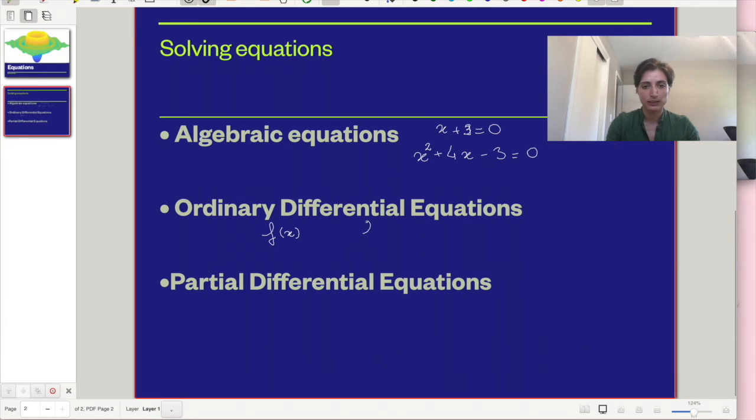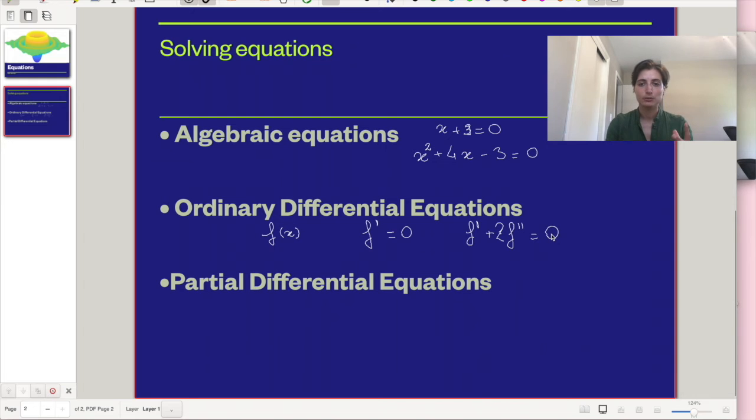So, for example, I can ask for f such that the first derivative of f is equal to 0. Now, this is a constant function. I can also construct things that are more complicated, like I want the first derivative of f plus twice the second derivative of f to be equal to 0.